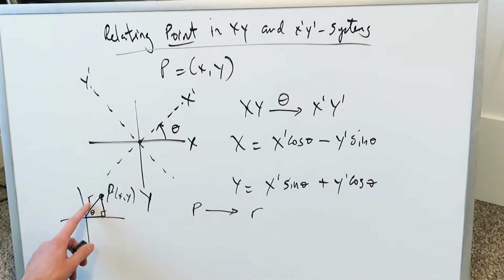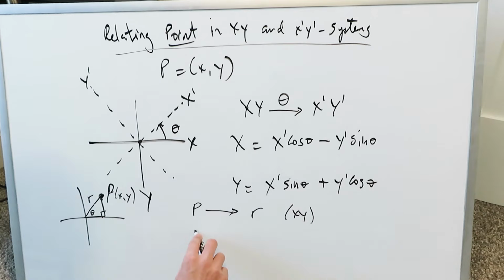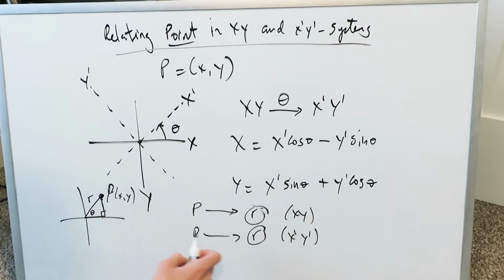That distance r from the origin to that point never changes with regards to which system you're looking at. Whether you're looking here in the xy system or at a point in the x prime y prime system, the distance from the origin to that point will always stay the same no matter what system you're looking at. And how you go from one system to the other is by means of a rotation.